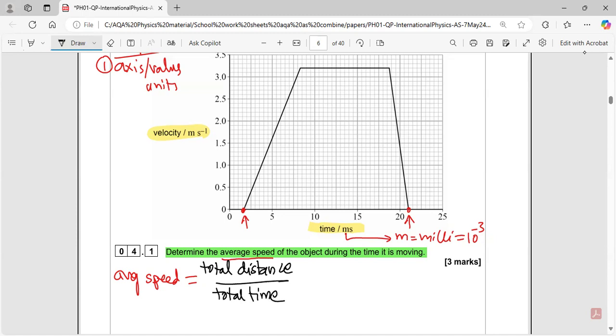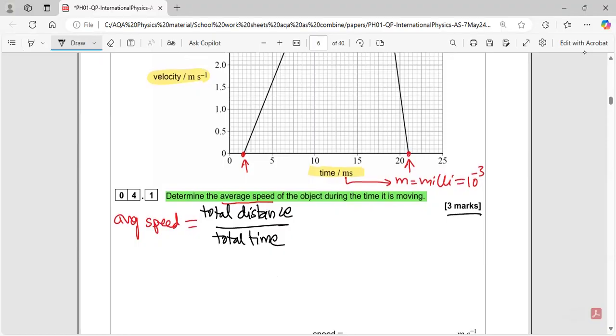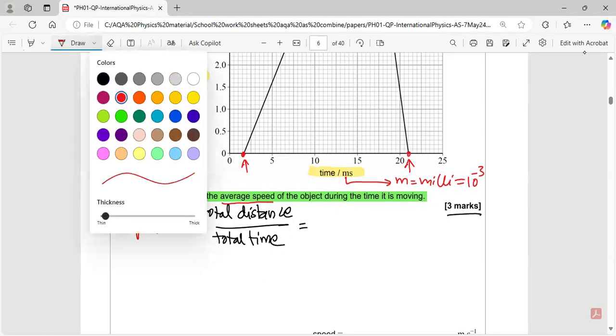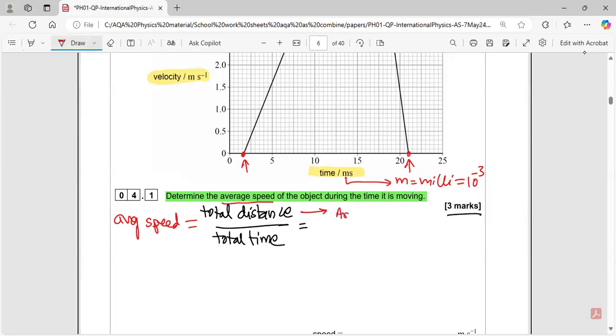Okay. Now there are two targets for you. One is the total distance and second is the total time. So the total distance is from the area under the velocity time graph or area under the speed time graph, right? So you'll have to find this area. How much is this area? And then the total time is from the x-axis, so you'll read from here.